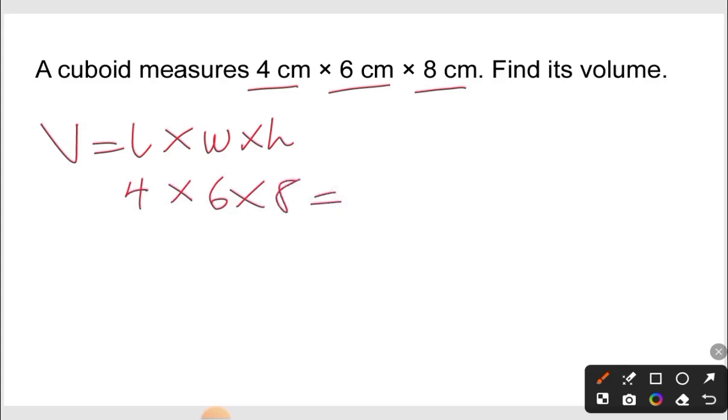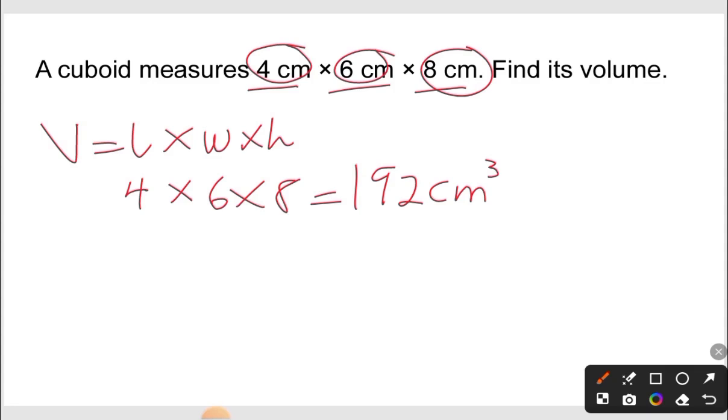So 4 times 6 is 24. 24 times 8, it's 192 centimeter cube, because you're multiplying thrice. Now, what if the units were in meters? So it means that it would have been 192 meter cube.